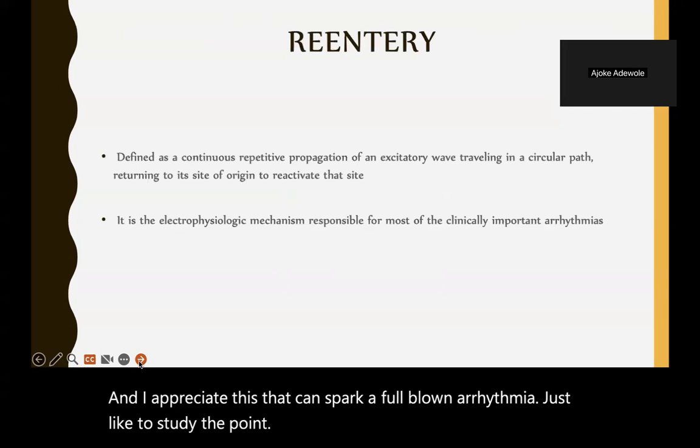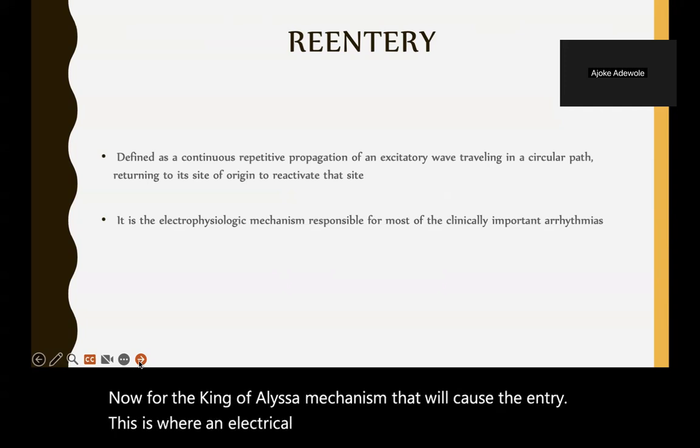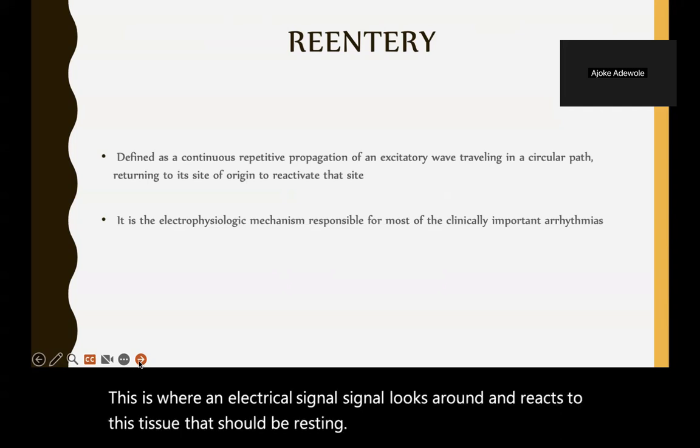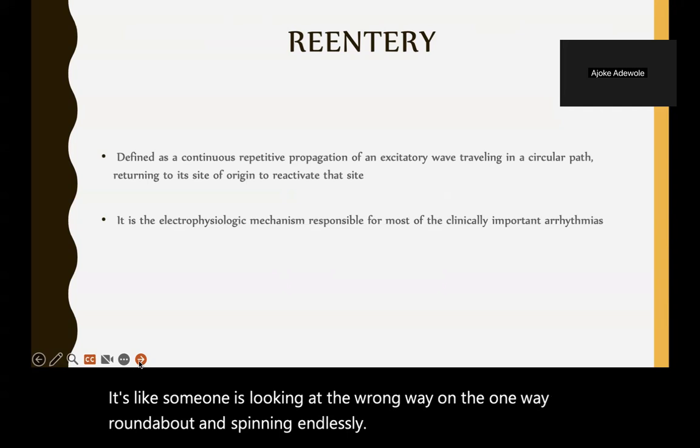Now, for the king of arrhythmia mechanisms, that's what we call re-entry. This is where an electrical signal loops around and reactivates tissue that should be resting. It's like someone sneaking in the wrong way on a one-way roundabout and spinning endlessly. I think that explains it really.